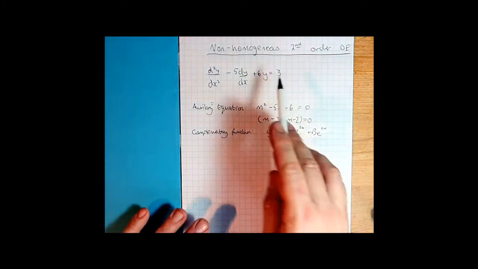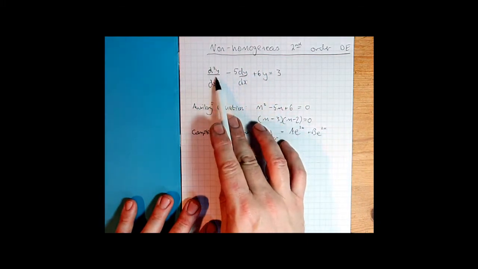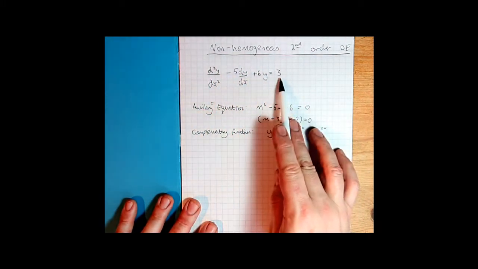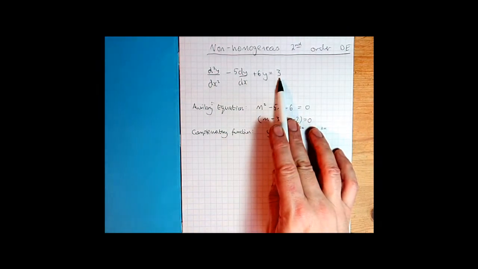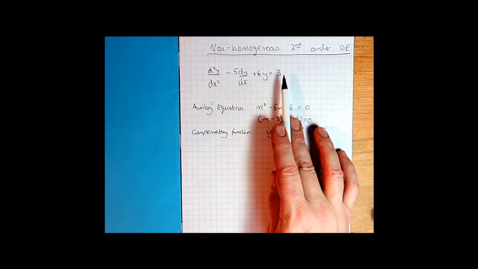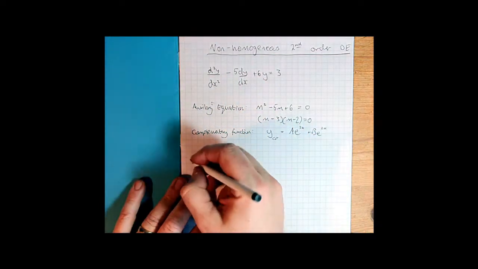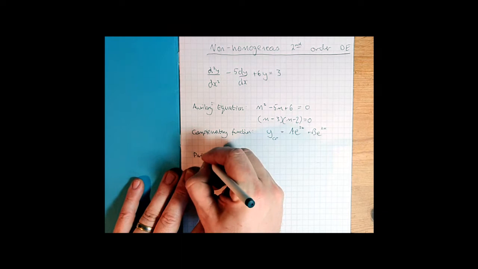What I need is a function where you differentiate it and you differentiate it again and you sub in and you end up with this constant. And if we think about it, we'll come to the conclusion that my right hand side, if it's a constant, will differentiate to 0 and differentiate again to 0, so it should be fairly straightforward. I'm just going to use my common sense.